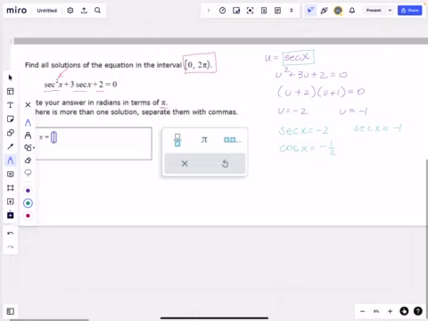Then I would do the same thing with the second equation and say cosine of x is still going to equal -1. Then we're ready to determine what satisfies this on the unit circle. If we're dealing with cosine on the unit circle, then we're looking at x coordinates.